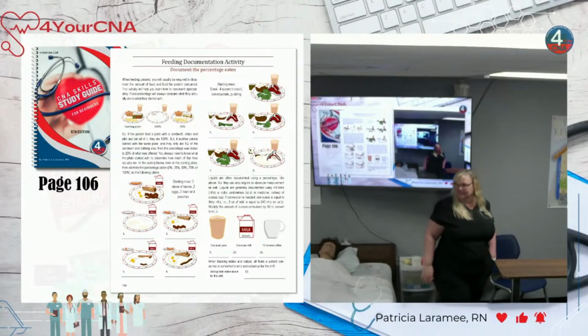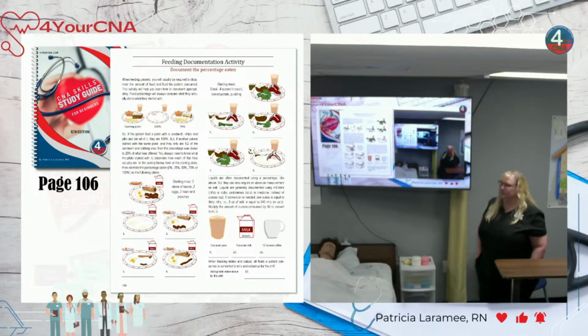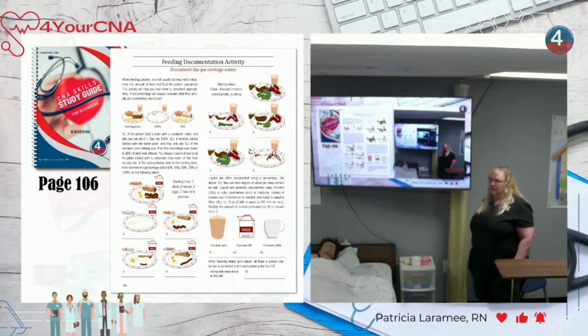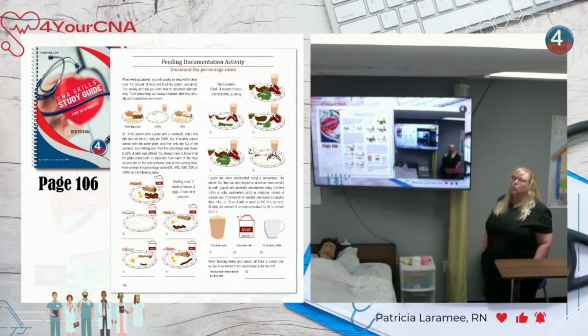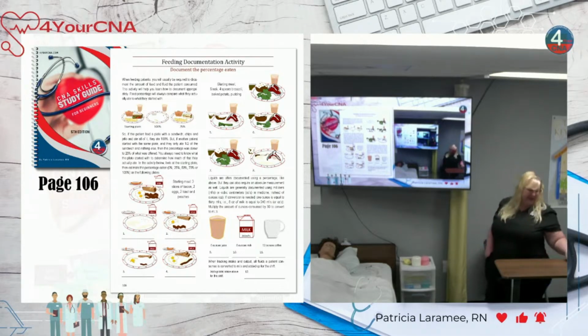Now, for the test, if you go to page 169, we're just estimating the amount of fluid that they took in. So for the test, it's a quarter scale estimation. They're not making us add it up. That's for the written.